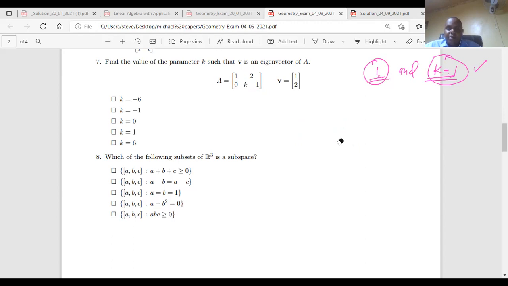So we are going to do 1 minus k. 1 minus k minus 1 would be minus k. Oh, 1 minus k minus 1. This is 1 minus k plus 1, which is 2 minus k.